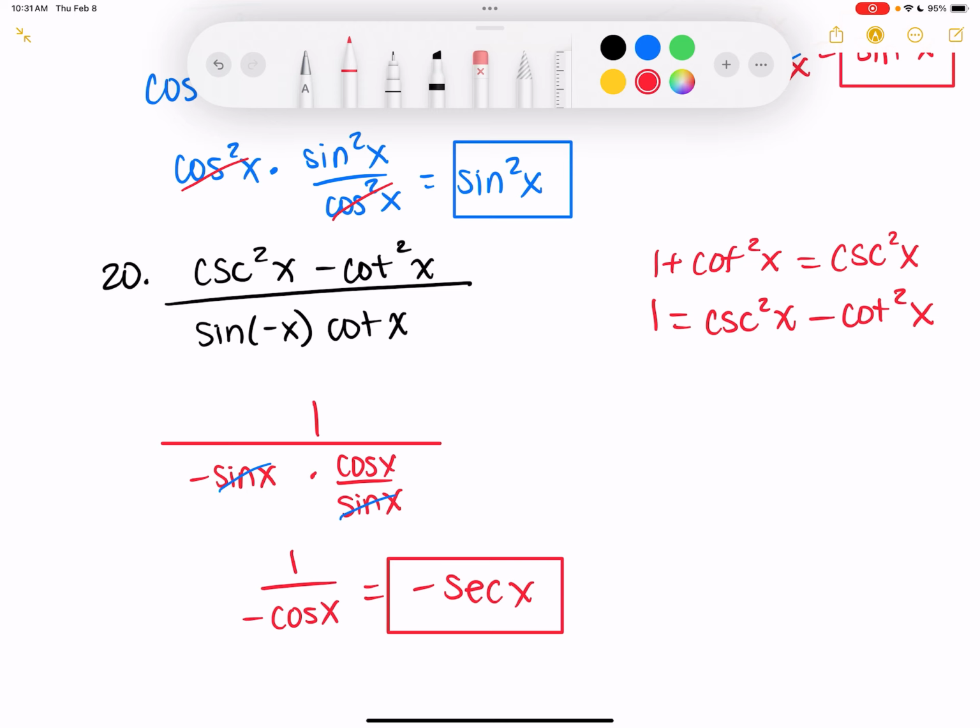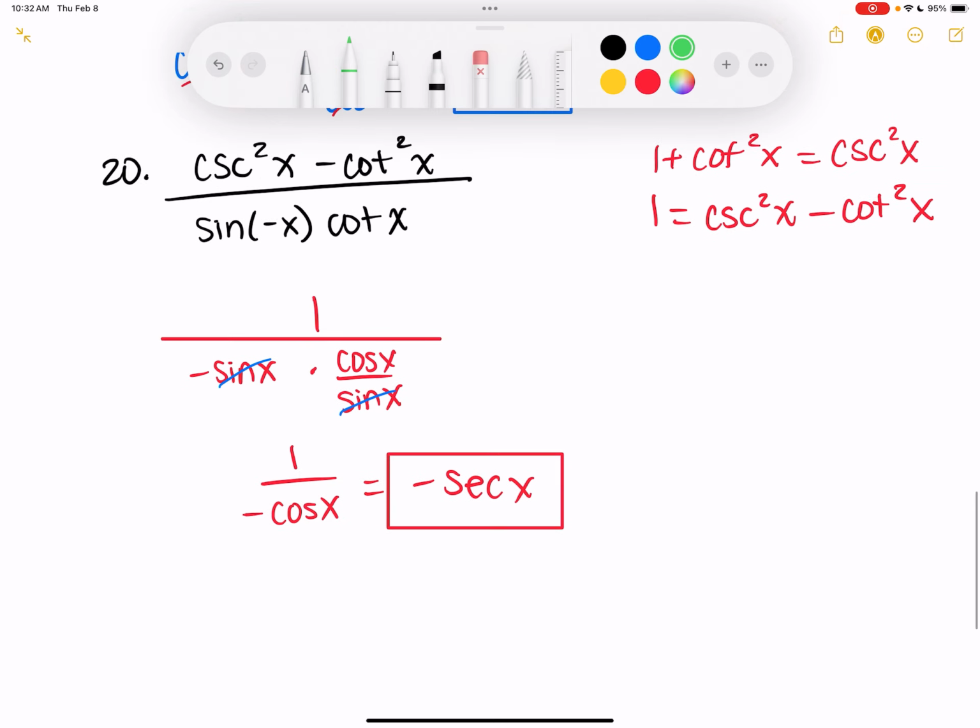All right, I'm going to give you a few for the last 15 minutes or so for you to work on that you need to do before tomorrow, because tomorrow we're going to move into verifying. I might do one more of these that's a little harder tomorrow, but verifying says basically this: it would start you with this, and it's going to tell you this is equal to negative secant of x.